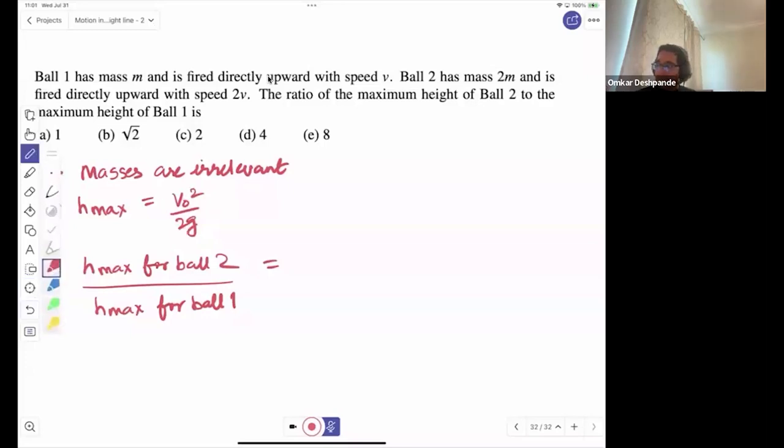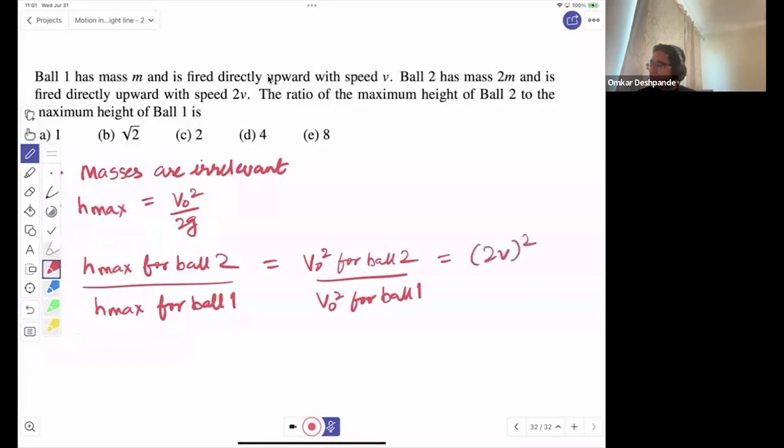So it just becomes the ratio of v0 square for ball 2 divided by v0 square for ball 1. What's the initial velocity of ball 2? It's 2v. What's the initial velocity of ball 1? It's v. So this becomes 4 to 1. That makes choice B correct.